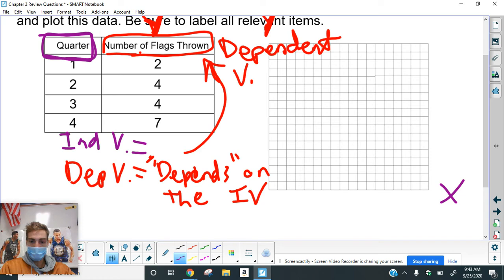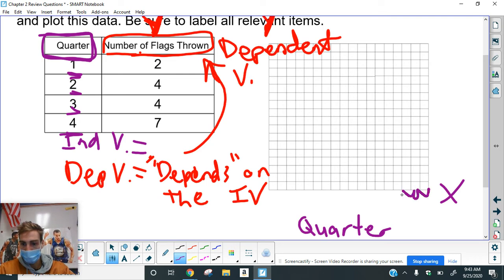So here I have the quarter, and this is going to be easy to space out because I have 1, 2, 3, 4. And then I'm going to look at how many spaces I have. I have 1, 2, 3, 4, 5, 6, 7, 8, 9, 10, 11, 12, 13, 14, 15, 16, 17, 18.